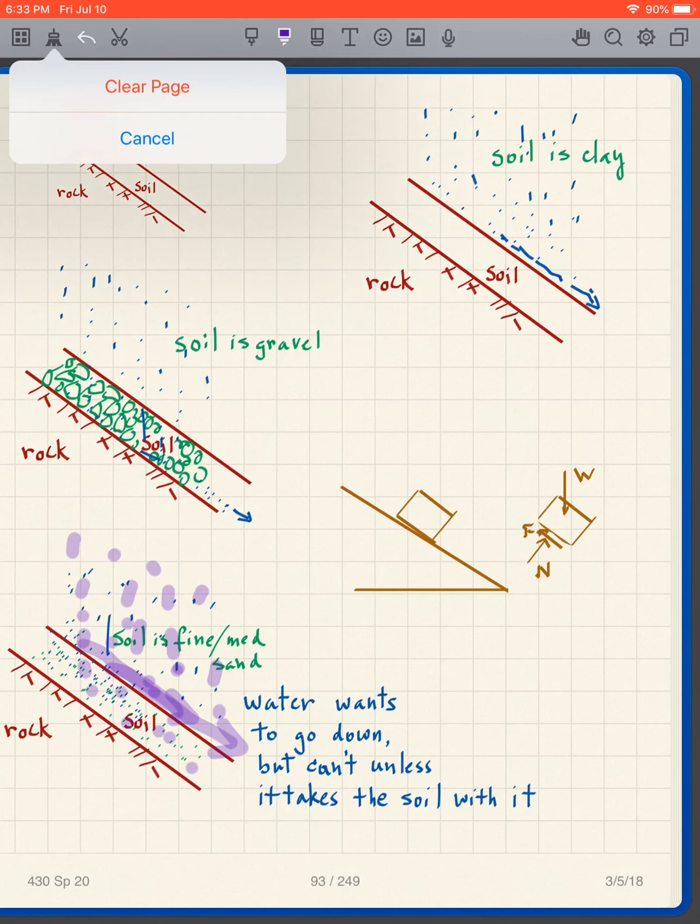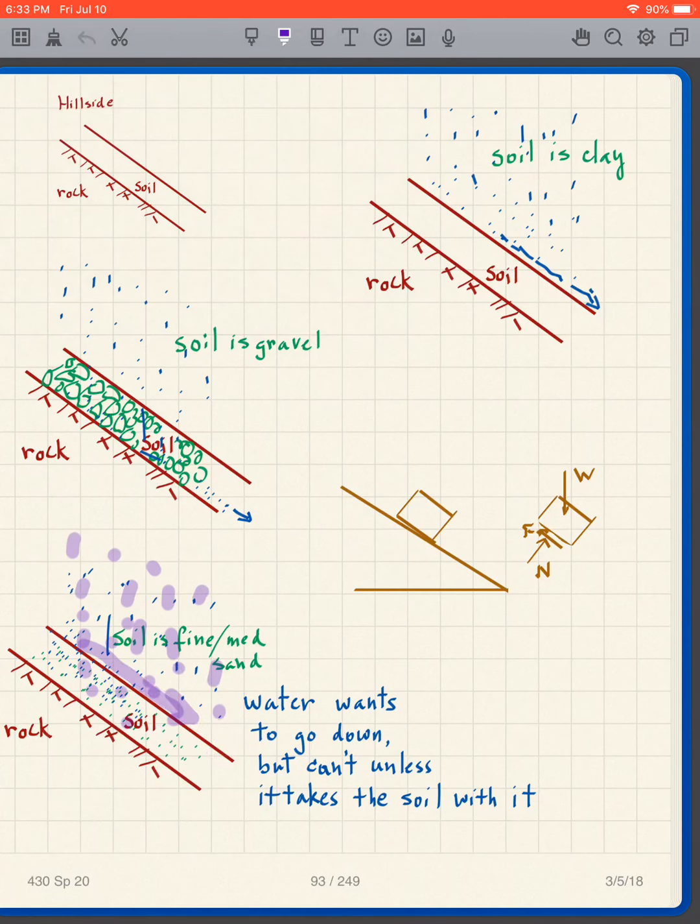The sand has voids that will accept the water, but those voids are not as big as they are with gravel. The water doesn't move freely, so some of it comes off, but then the water sort of gets stuck in here. It wants to go down, of course, because water wants to go downhill, but it really can't because it's just not permeable enough. Can't run through it like it does with the gravel.